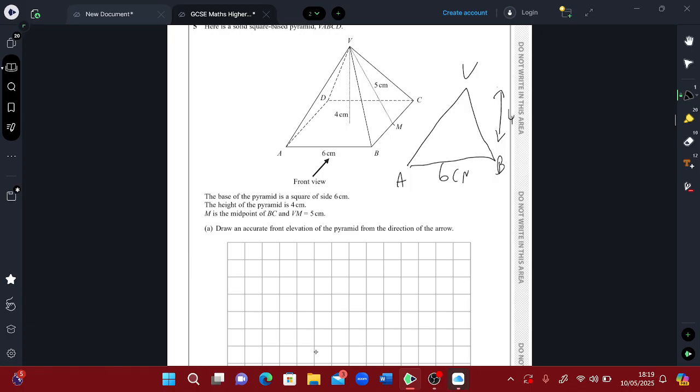So I believe that should be 4. But we also know the top here is the midpoint of down here, the midpoint of the triangle.